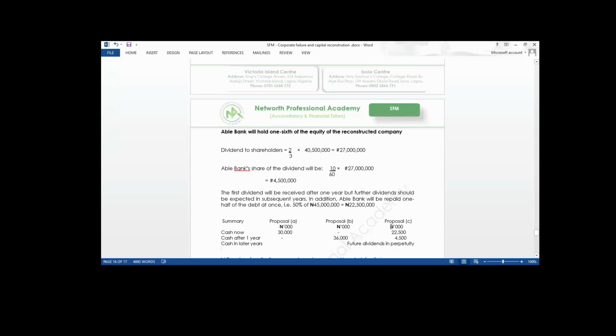Under proposal C, Able Bank will get 22 million naira immediately. That's year 0. Then dividends in year 1, 4.5 million, and dividends in subsequent years.